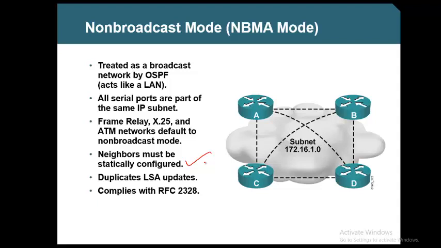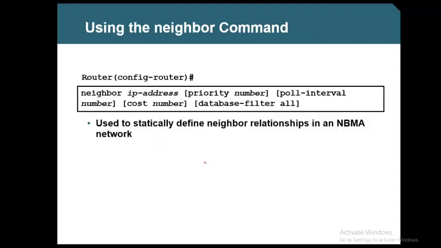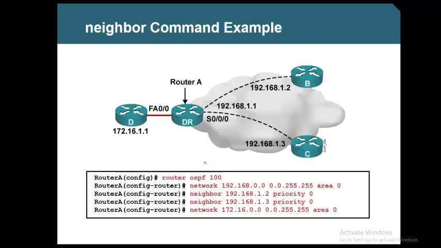I have given you points like what is non-broadcast. Neighbors are manually configured, there is DR-BDR election, and timers are 30 and 120, and it is recommended only if you have full mesh. Go through those things.